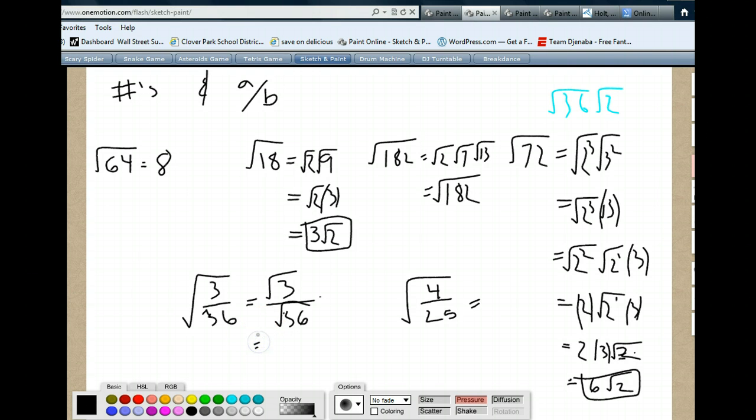Square root 3 we can't do anything with, so it stays. Square root 36 is going to be 6. And that's my answer.